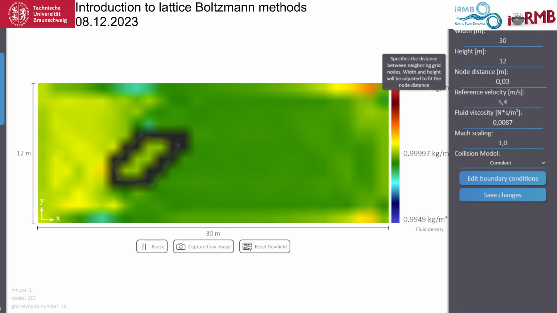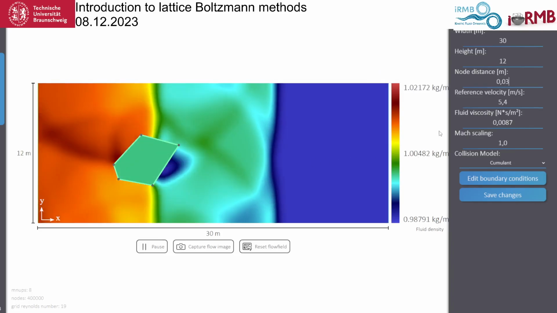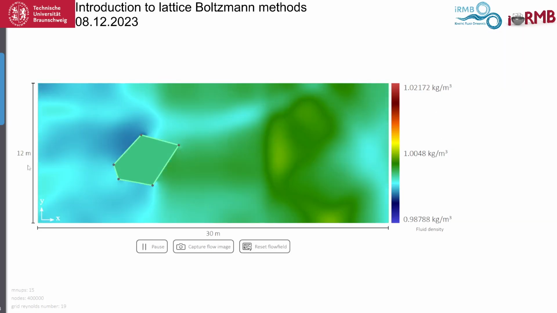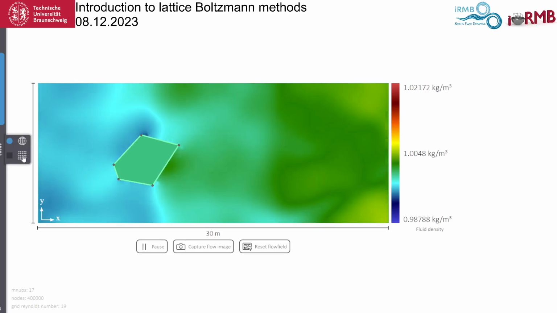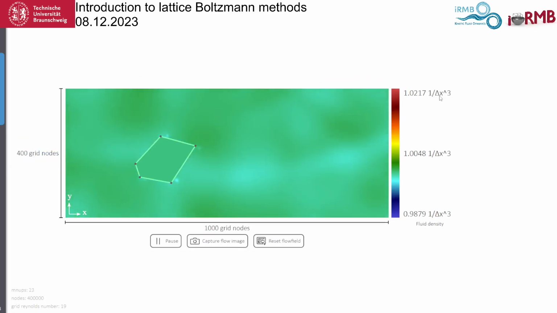You see, the density, of course, comes in kilograms per cubic meter, but if we turn this to lattice units, it's just 1 divided by the volume, right? Okay, let's pause this here.